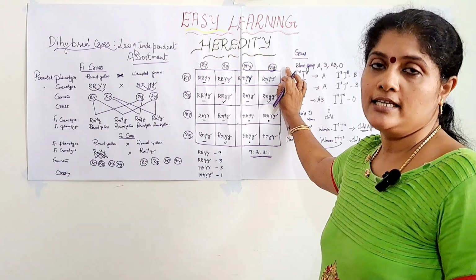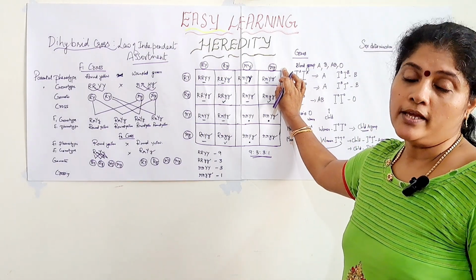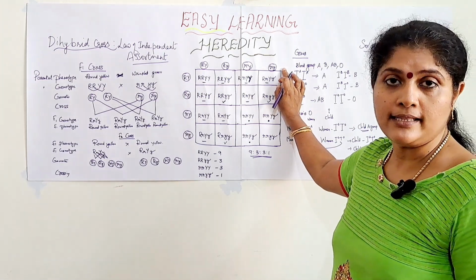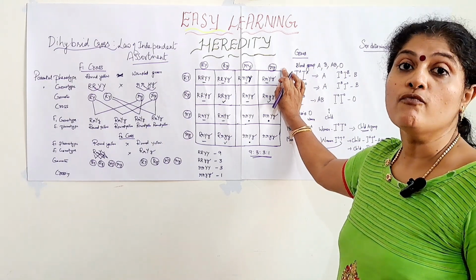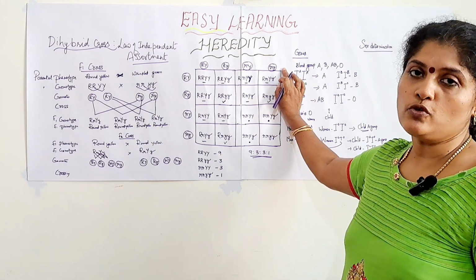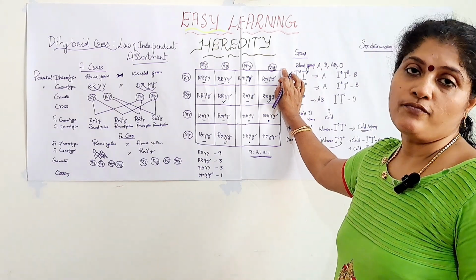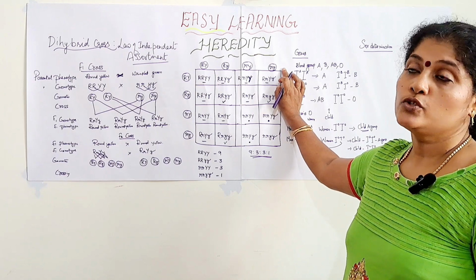So, the sex determination is done with the help of the chromosomes. That is, in a human being, there are 23 pairs of chromosomes. In that, 22 pairs are autosomes and there is one pair of sex chromosomes. So, based on the sex chromosomes only, the sex of the person is identified.